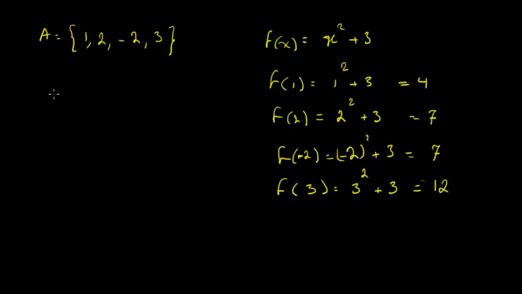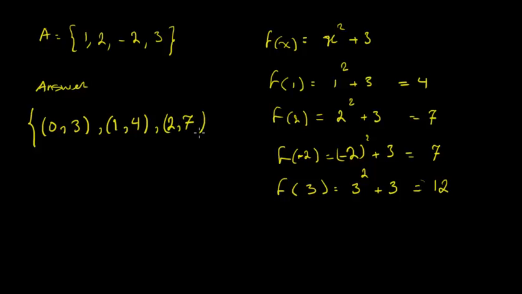So our pairs, the answer to this question, is: this is our domain, this is our range. Then we'll have 1 and 4 as x and y. Then we'll have 2 and 7, again our x and y. We'll have -2 and 7, and we'll have 3 and 12.